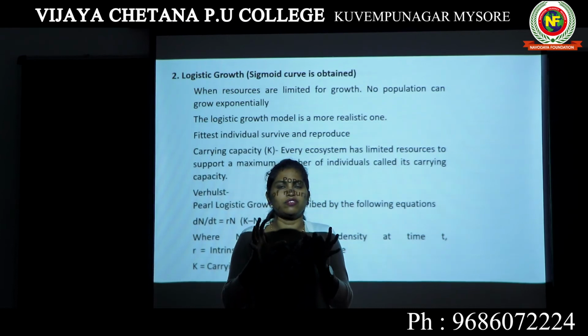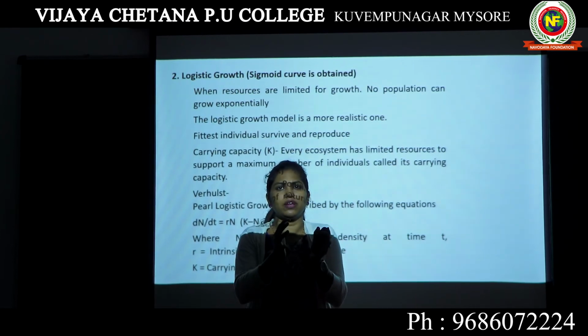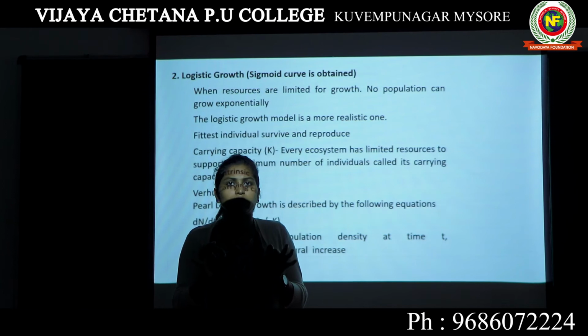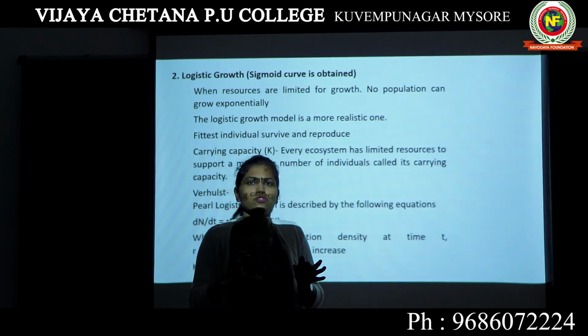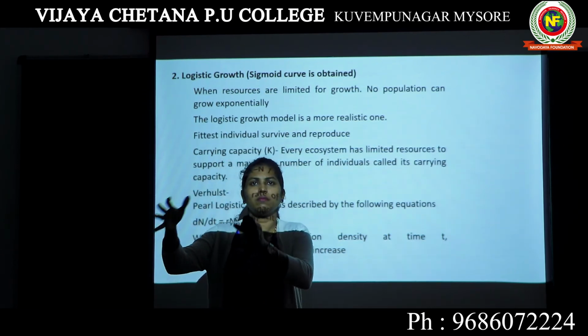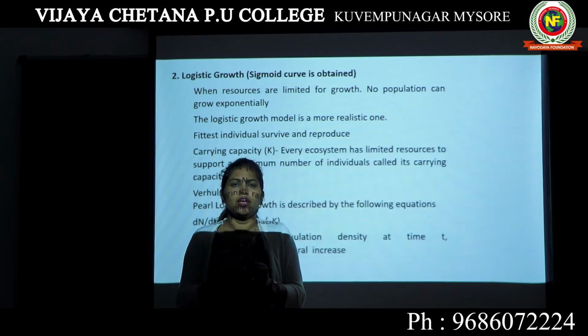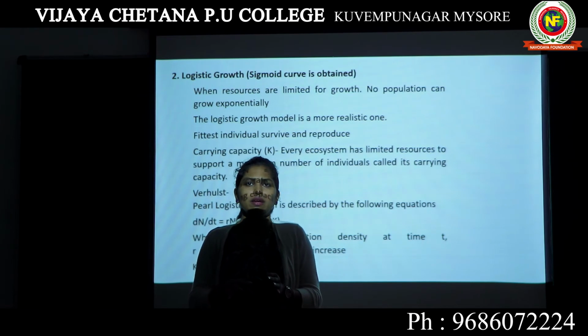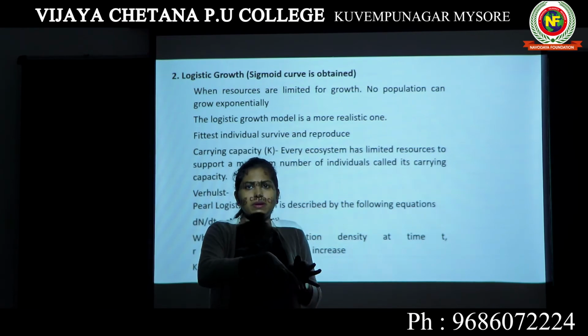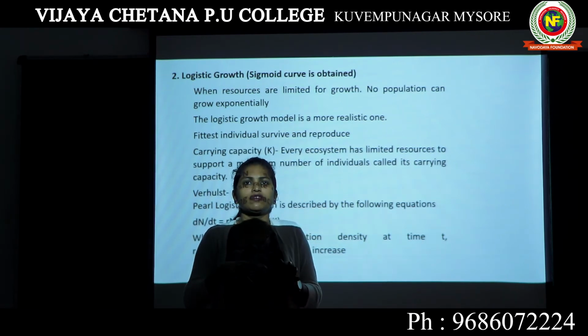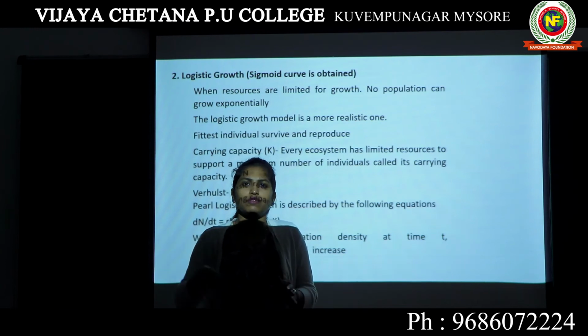So every ecosystem will have a particular, limited resource. That limited resource will be sufficient for a limited number of individuals, for one particular group of individuals. If more individuals are coming and joining for this limited resource, then the ecosystem cannot take care of all those individuals.